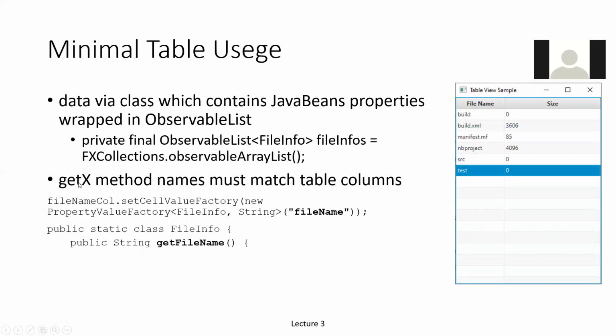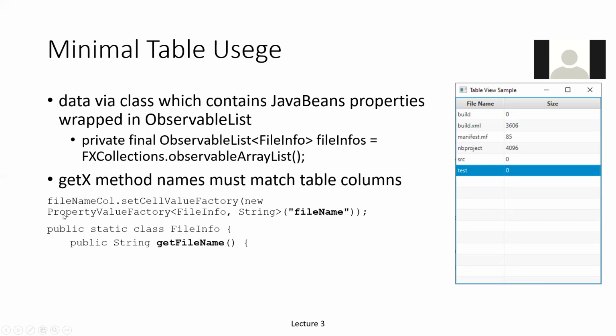And this getX, if you are using this property things to define the content, then you must write the get whatever property name you had there. Must match the table columns when you are defining them.